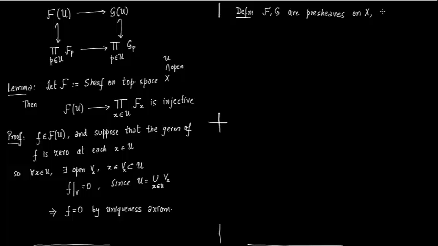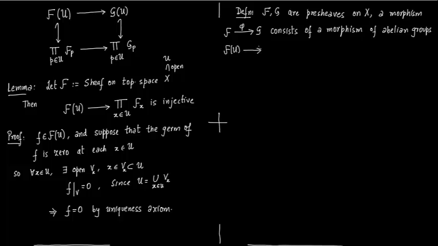Now we are talking about the definition of morphism of presheaves. So F and G are presheaves on X, and we want to talk about a morphism of presheaves. A morphism, say phi from F to G, consists of morphisms of abelian groups, F(U) to G(U).